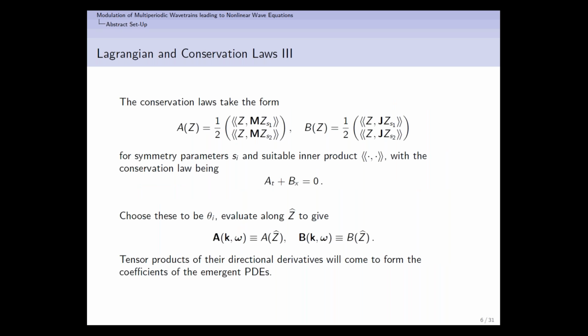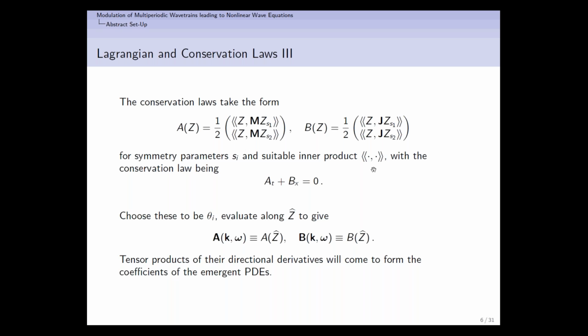So now I'm going to discuss the conservation laws. So for this system with two symmetries, you can generate two vectors, the wave action vector and the wave action flux vector, which are defined by this vector with two elements. Now this double bracket denotes an inner product, which depends on the problem.